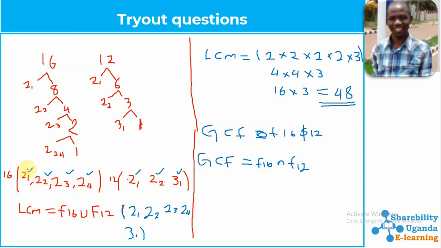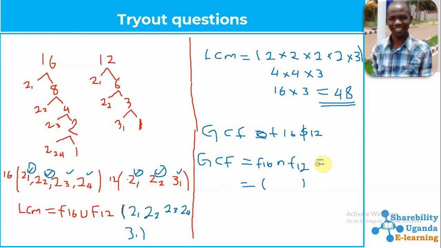Those that are common, we have our 2 here. This one is common. 2 also is common here. It is here and it is also here. So it appears on this side and also on that side, which makes it an intersection.